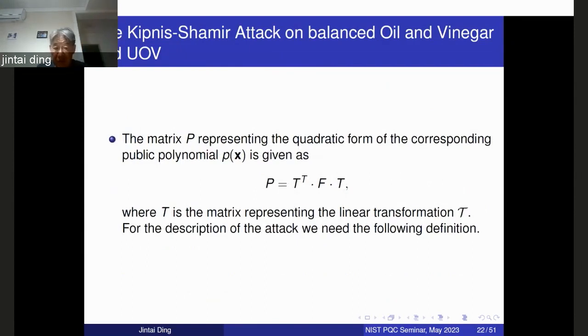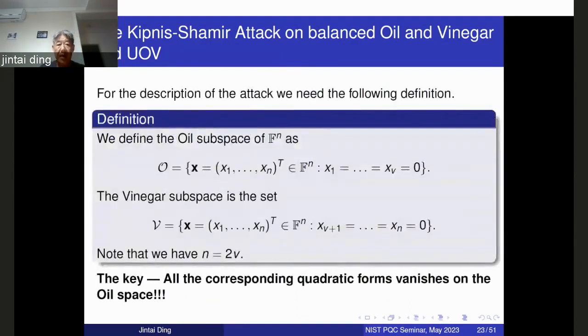From this perspective, the connection between the matrix derived from the public key and the private key can be described as P equal to T transpose times F times T, if we use T to represent the matrix corresponding to the linear transformation T. This is clearly how we should see it, and this is the basis of the attack, the Kipnis-Shamir attack.